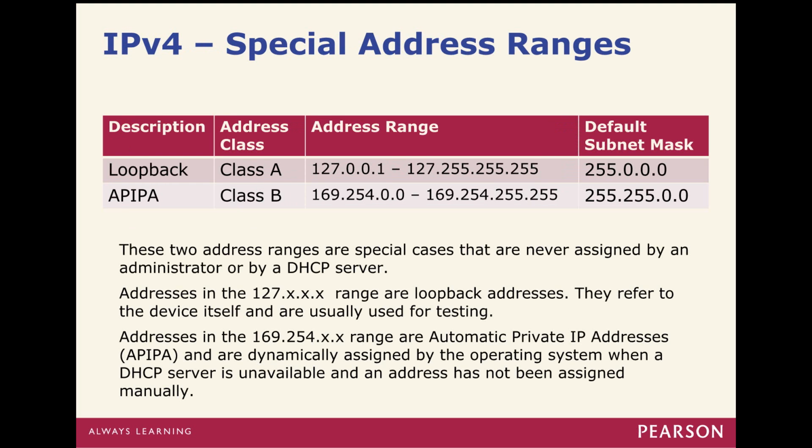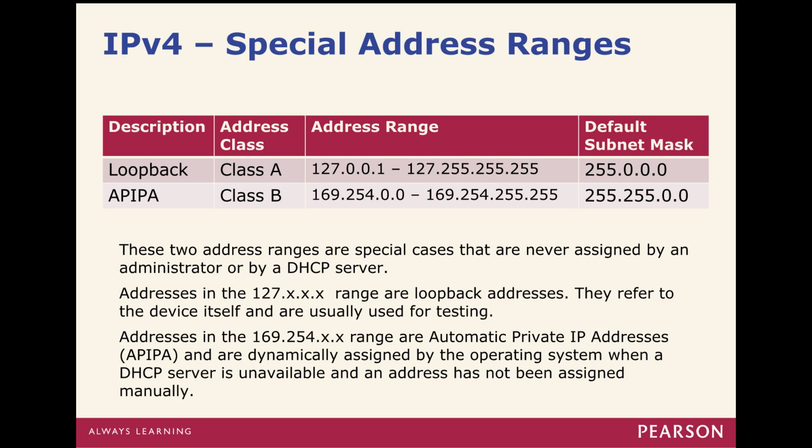There are a couple of other special address ranges that are worth noting. The first one is the loopback address. It's technically a Class A address because it starts with 127. Generally, we see the loopback listed as 127.0.0.1, but in reality, it can be anything in that 127 range.